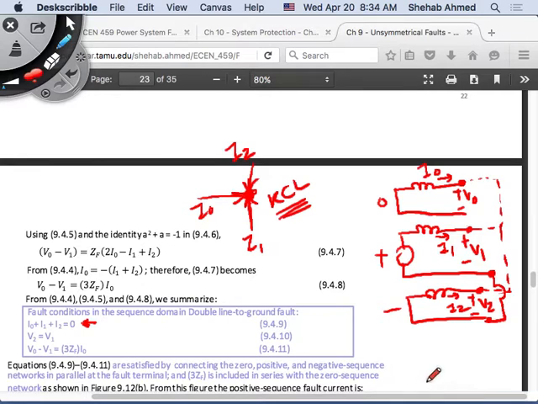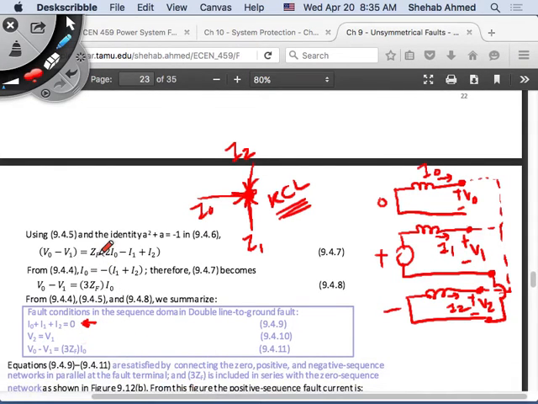Since V1 is equal to V2, I connected their positive terminals and I connected their negative terminals. And then V0 minus V1, or V0 minus V2, is equal to 3ZF times I0.